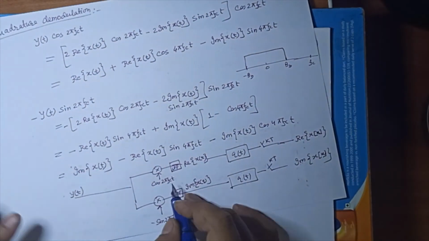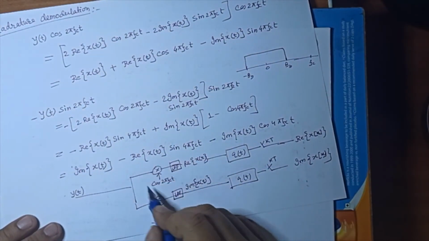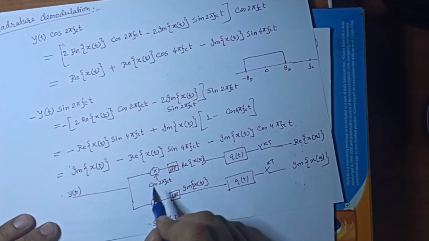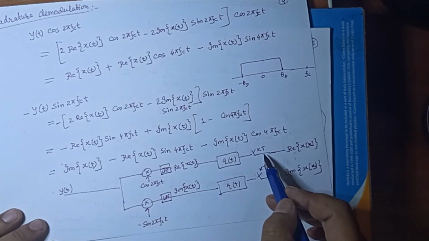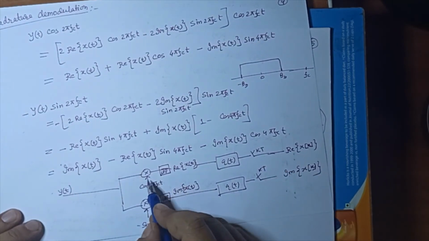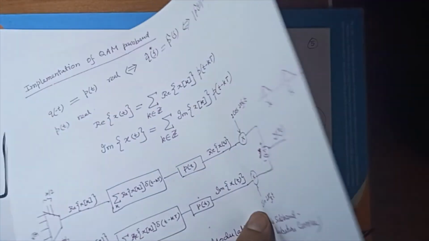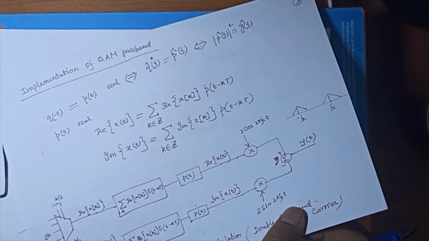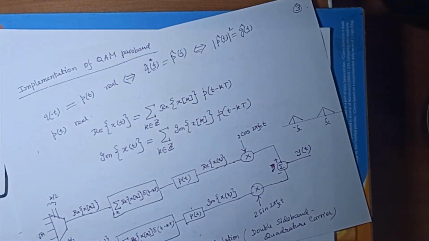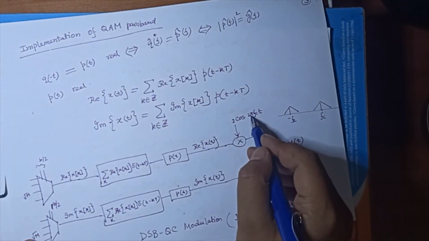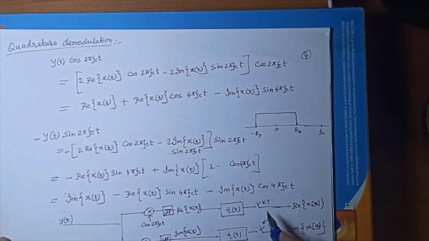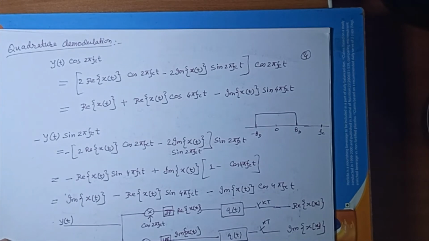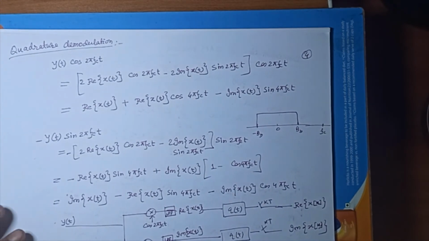In the demodulator side, I am also using 2 pi fct. Secondly, I am using a sampler which is working on kT. How do I know that this has identical phase as that, even if the frequency is the same? Even if you know the exact frequency, how do you know that they have the same phase? And then how do you know what the sampling time is? So these are critical issues.